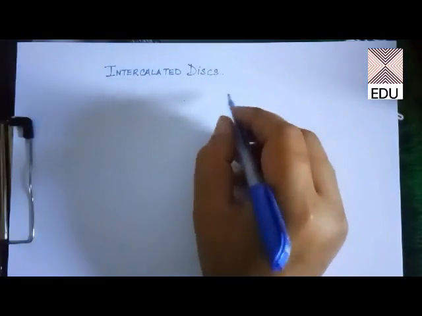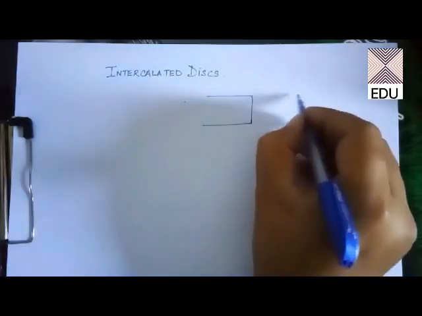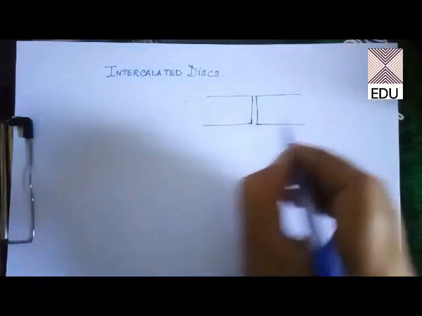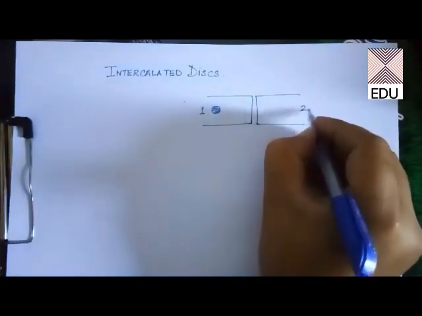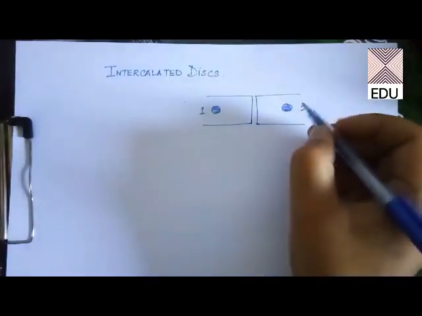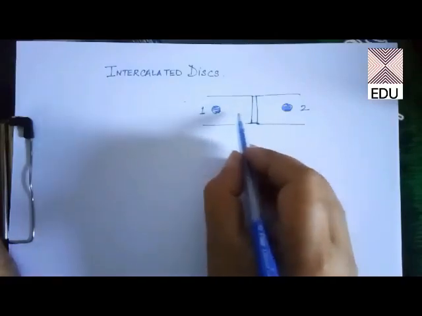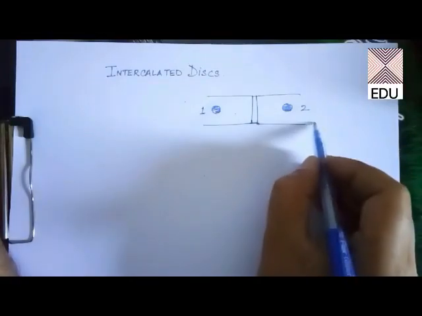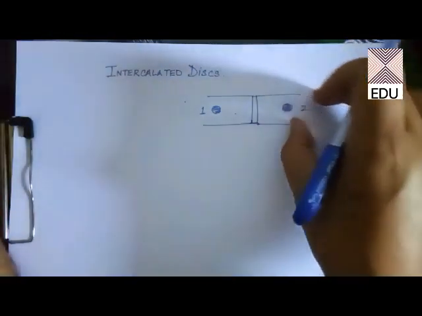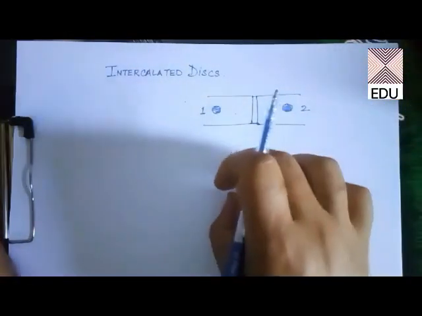What intercalated discs do is, if we have two cardiac cells, this is cell number 1 with a nucleus, this is cell number 2 with a nucleus, and this is the intercalated disc in between. Now this disc is joining cell number 1 with 2, 2 with 3, and 2 can be with 4, as it is branched, so it can go downwards, straight, or at an angle also.